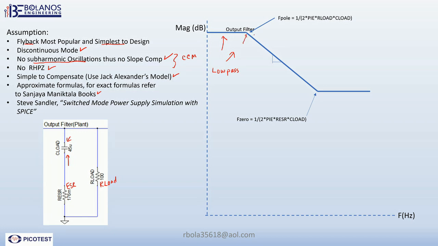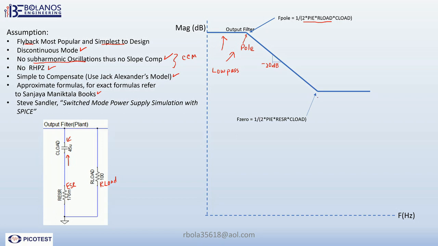That downward deflection indicates that you have a pole. Here's the formula to calculate your pole. Then you have this downward slope, which is first order, with a slope of 20 dBs.